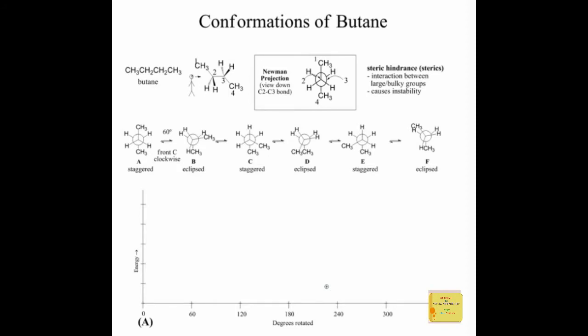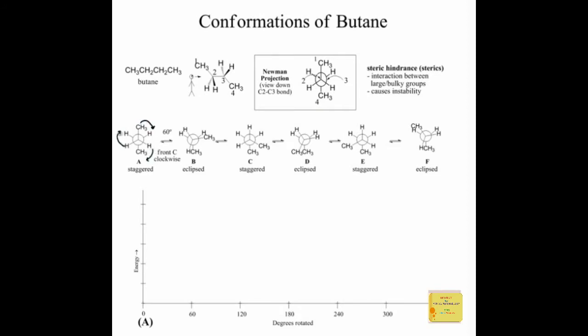If we were to trace the energy as we go from one conformation to the other, let's take a look at the forms that we're going to have. We start out in this first conformation where, first of all, it's a staggered conformation, and the methyl groups are as far apart from each other as possible. When we rotate 60 degrees, we're going to rotate the front carbon clockwise.